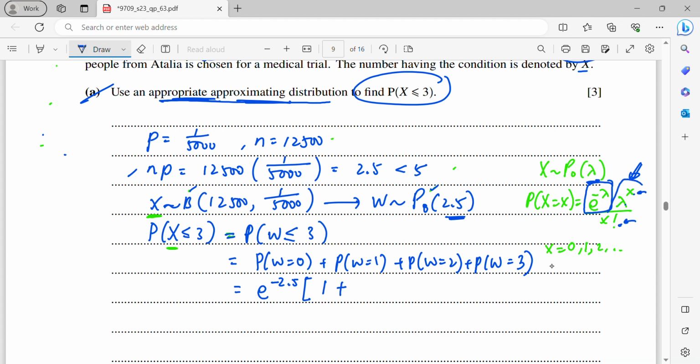So I will just consider this fraction for the other probabilities. So it will be 2.5 to the power 1 over 1 factorial, so I will just write 2.5. Then plus 2.5 squared over 2 factorial. Then plus 2.5 cubed over 3 factorial for the last probability. Then at last I will get 0.758 to 3 significant figures.